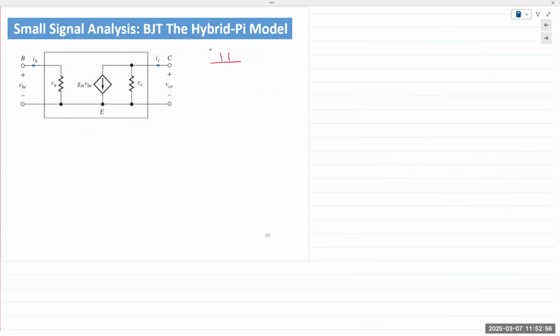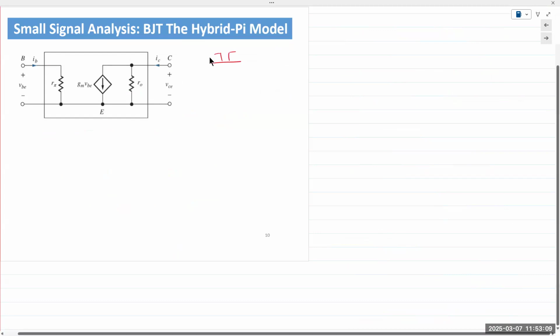Supposed to look like an inverted pie or something. That's what I've been told, and that's what I've read. And so that's why this simplification of the previous model is known as a hybrid pi model.